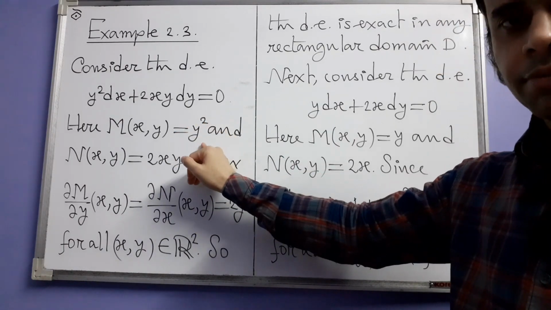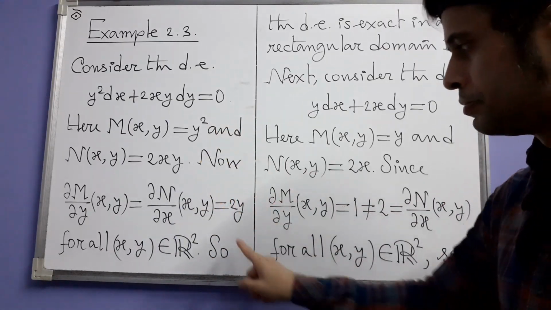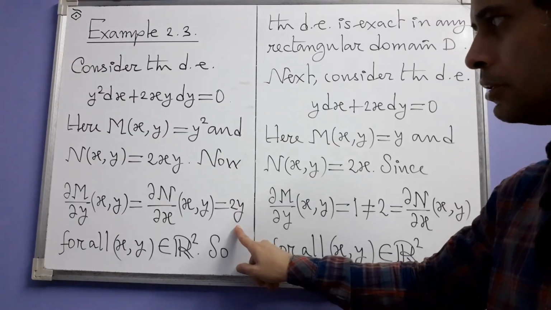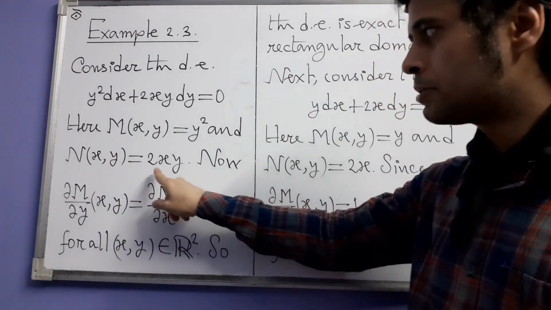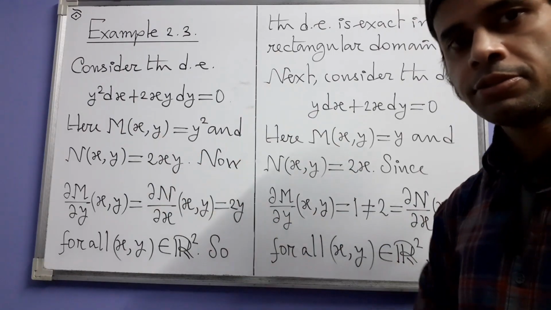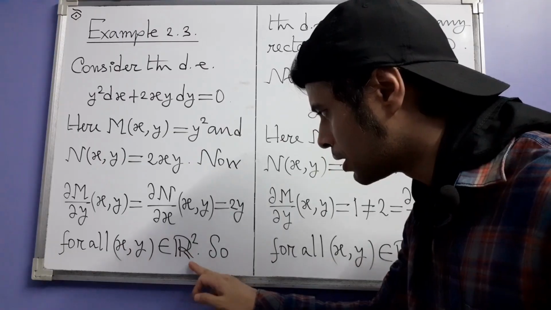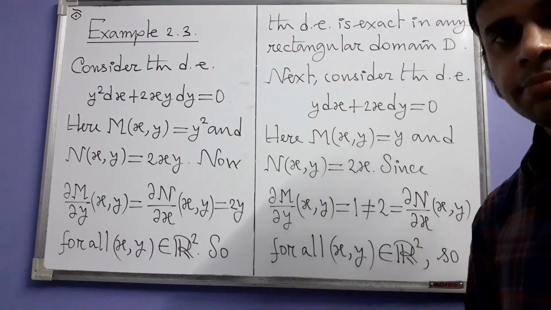Because it has only y, x is not there, so it will be an ordinary derivative, 2y. So this is equal to 2y. And if you differentiate this partially with respect to x, y will be considered constant. So here also you are getting 2y. So they match for all x, y belonging to the two-dimensional plane.